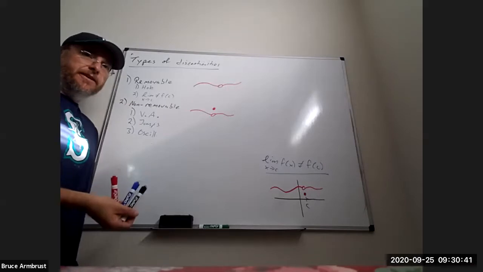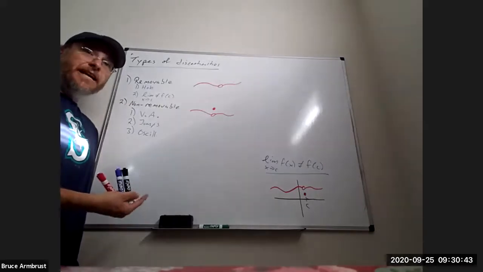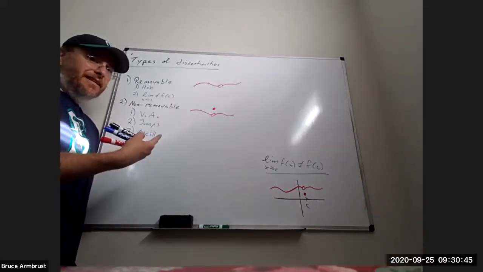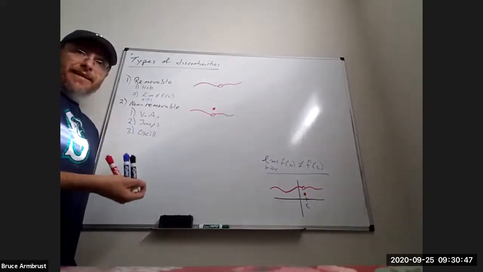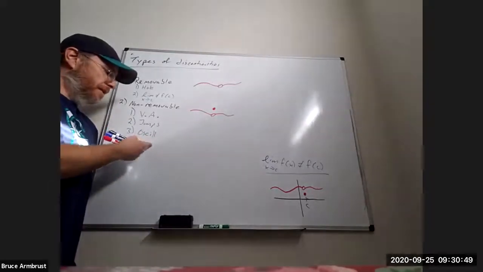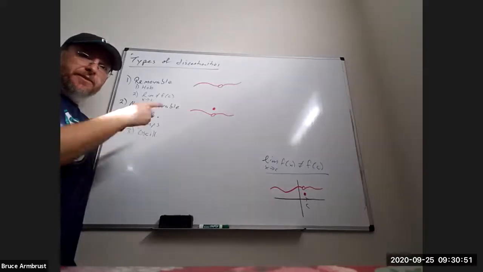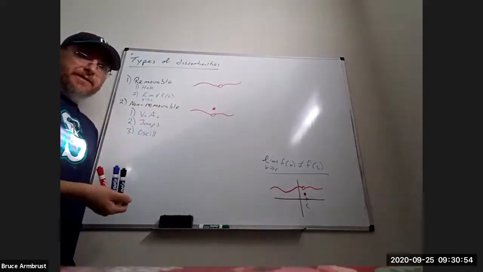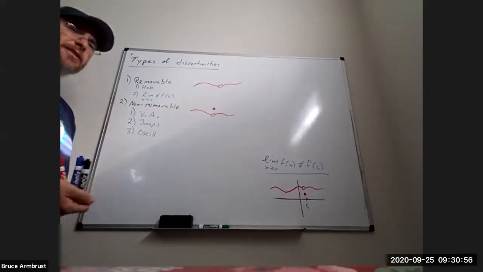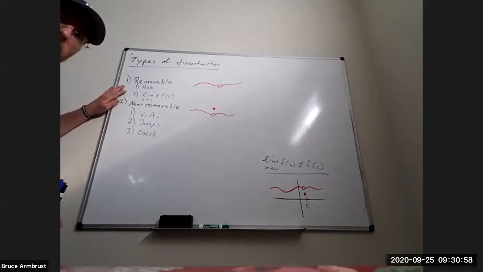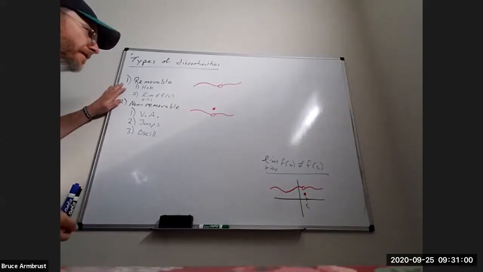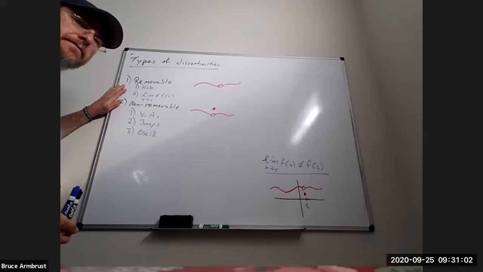The function's already defined there. I already had a solid dot. I can't connect it up. And also the same issue with that oscillation: just because it's bouncing back and forth, the limit doesn't exist. So notice that removables only happen when the limit exists.